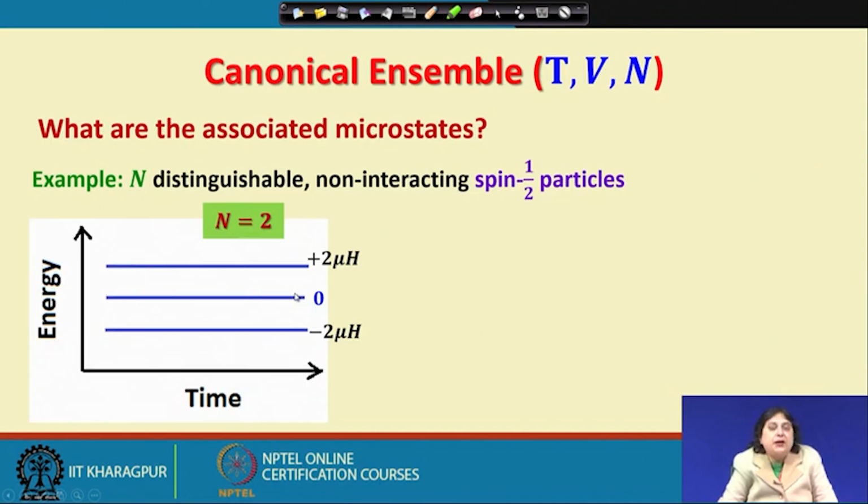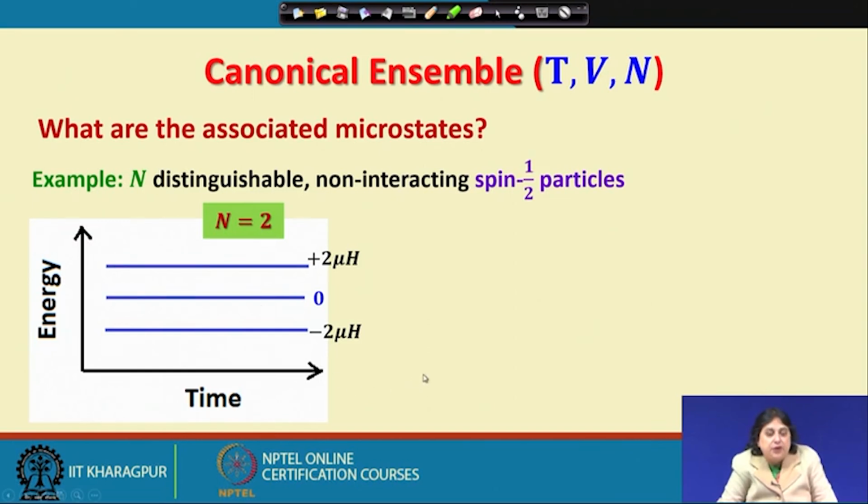Now, for each such spin half particle, I would say that the system energy can be these three values, and this follows from the solution of the Schrodinger equation for two distinguishable non-interacting spin half particles.